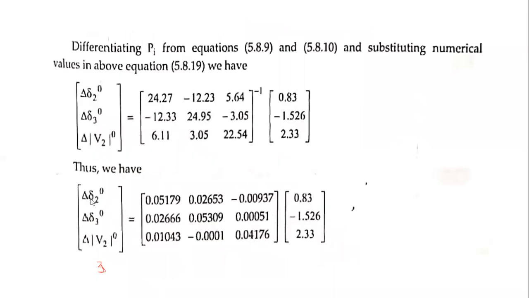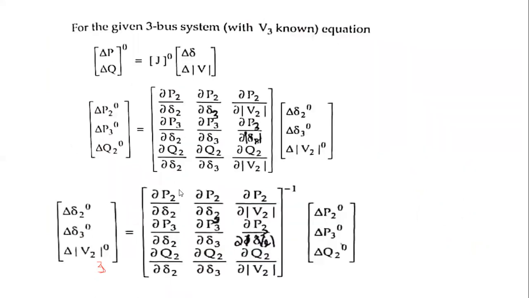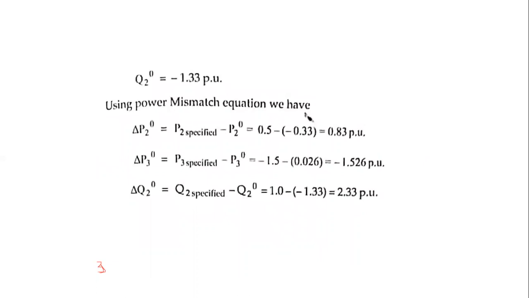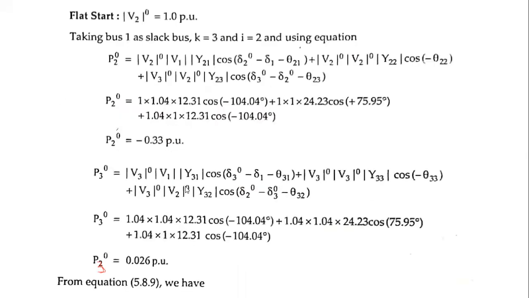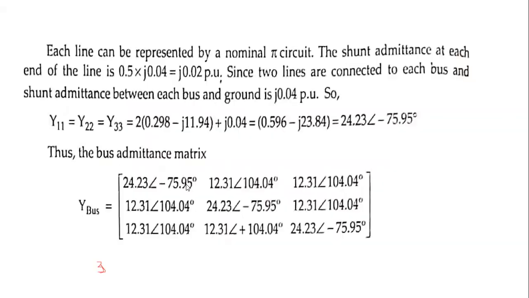Then we obtain delta 2 naught, delta 3 naught, delta V2 naught. Okay, this is the procedure for finding the voltages and Y bus matrix and delta P2, delta P3, delta Q2 naught values by using the Newton-Raphson method.